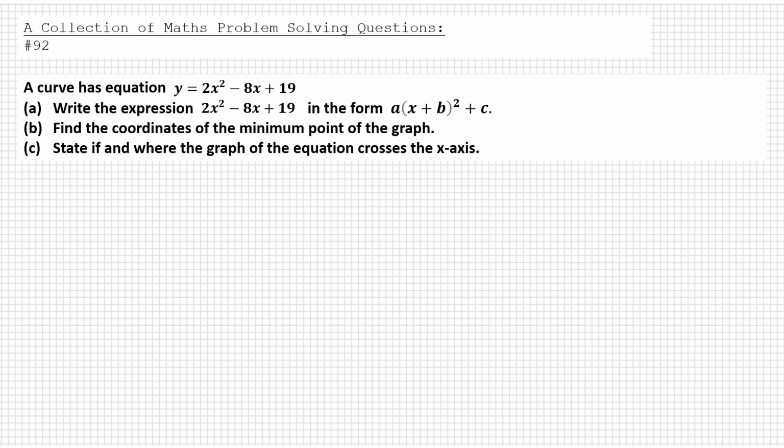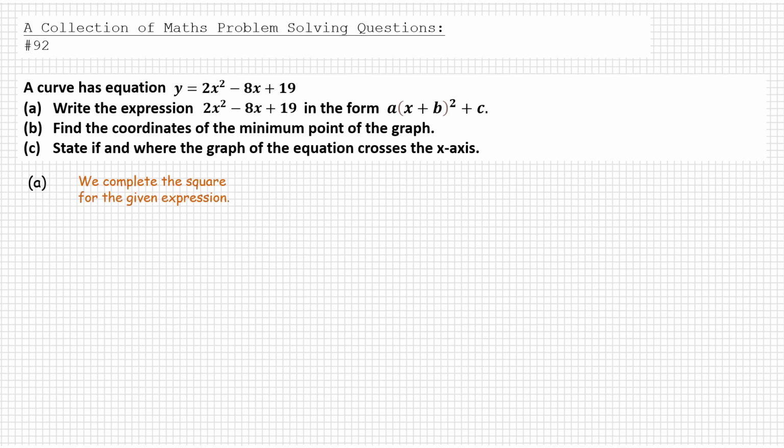So to start with, the equation of the curve, and how are we going to write it in that form? So we have to complete the square for the given expression.